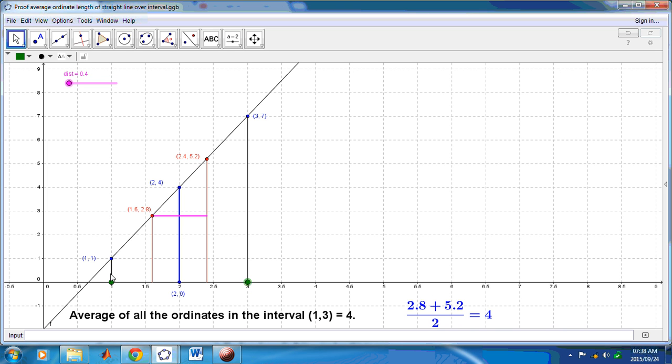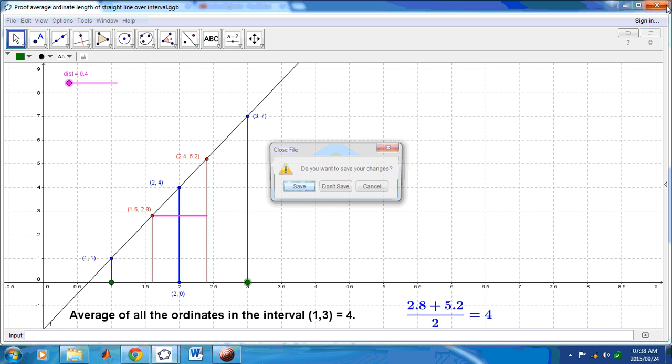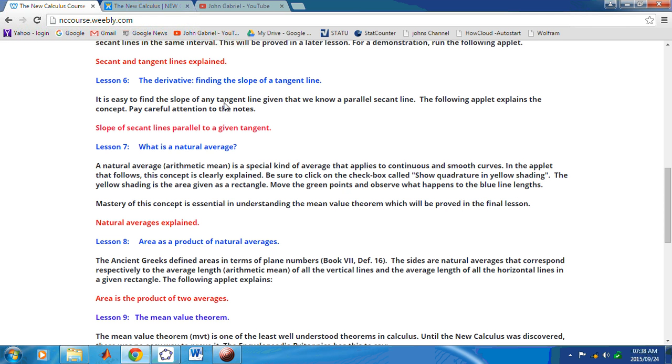So let's see again. 1 plus 3 is 4, divided by 2 is 2, so the average vertical line length is 2, and the horizontal average is also 2, because 3 minus 1 is 2, and 2 times 2 gives us 4. Okay? So we've seen how that works in terms of a straight line.